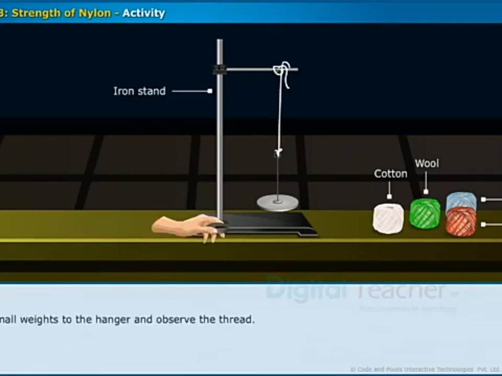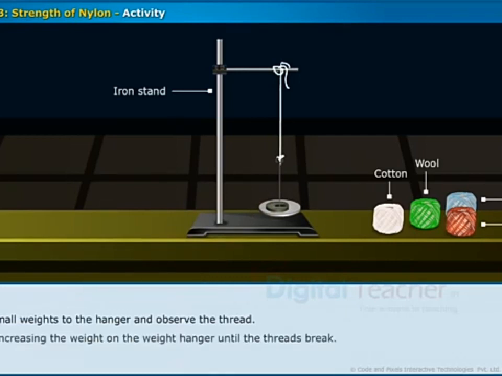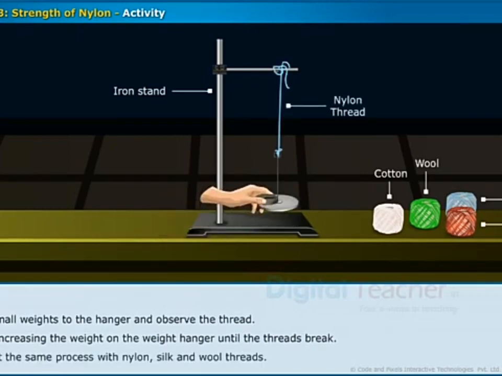Add small weights to the hanger and observe the thread. Keep increasing the weight of the weight hanger until the threads break. Repeat the same process with nylon, silk and wool threads.